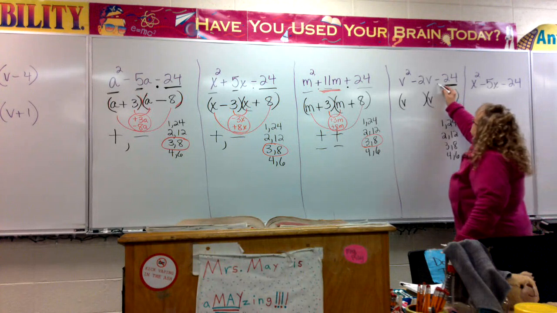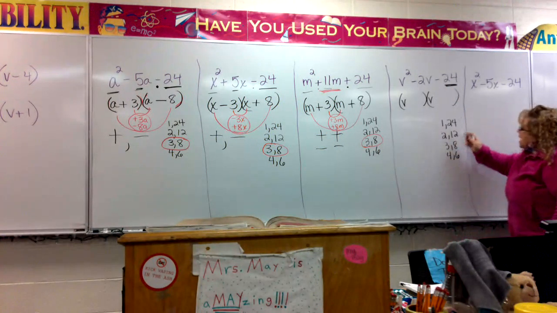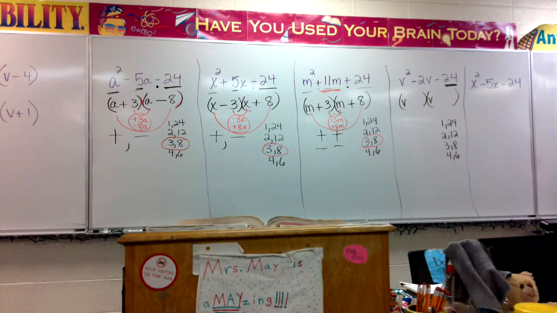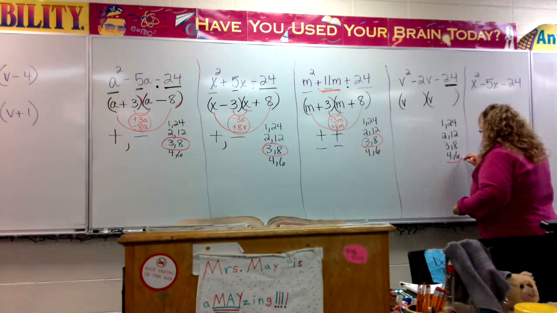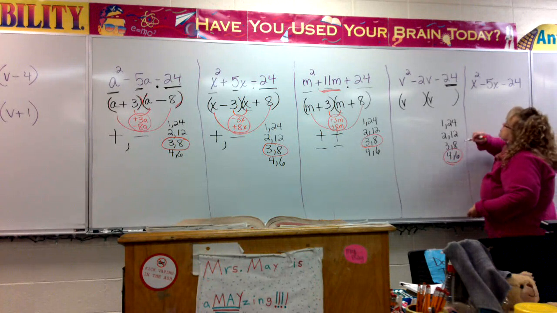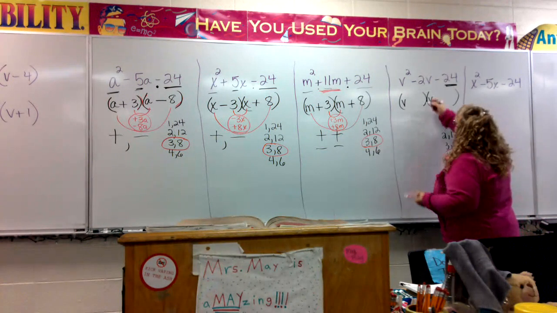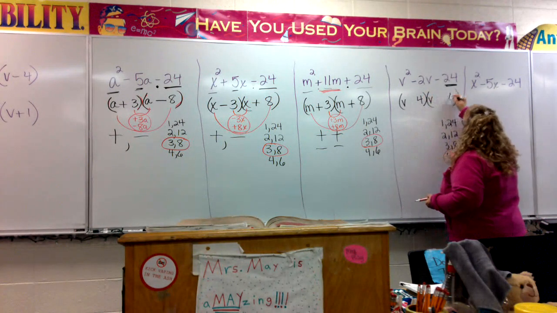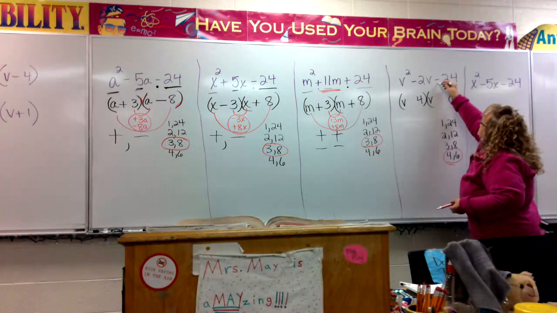I need the pair that subtracts to 2. Is there a pair that subtracts to 2? Right, 4 and 6. 6 take away 4 is 2. So, 4, 6. What kind of signs will I have?